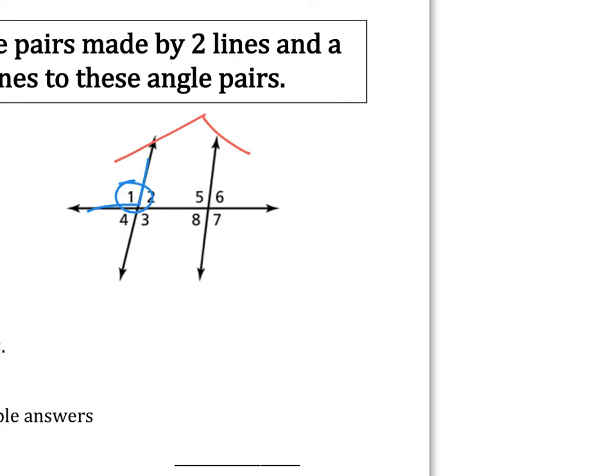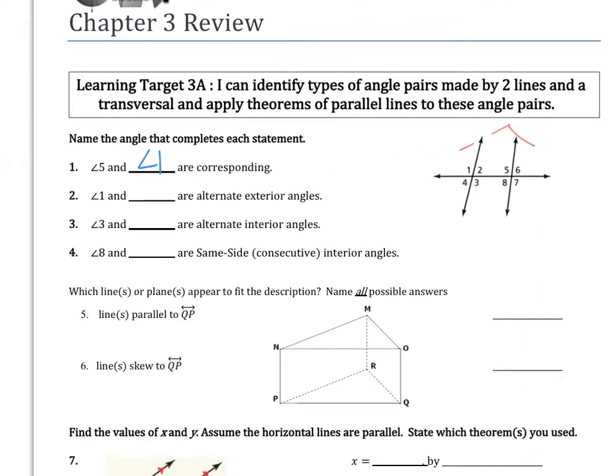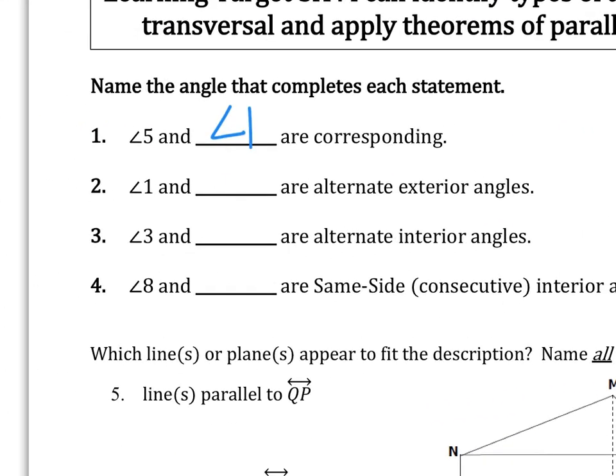So which one's on the alternate side, the opposite side of this transversal? That would be 7. So we're picking one from this group and one from this group. 7 is exterior, but it's on the opposite side of the transversal. So 1 and 7 are the alternate exterior angles. So angle 1 and angle 7.